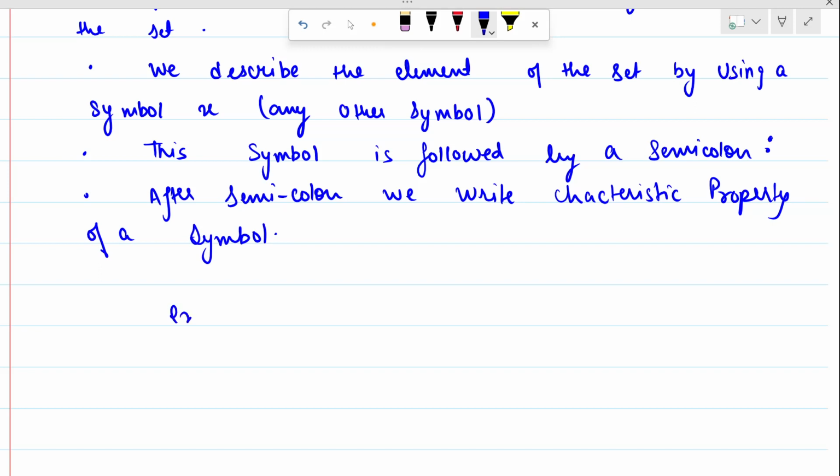So for example, we have a set V. This is in closed braces. Then we write a symbol X, which is followed by a semicolon. Then we write the property of X, which is X is a vowel in English alphabet.